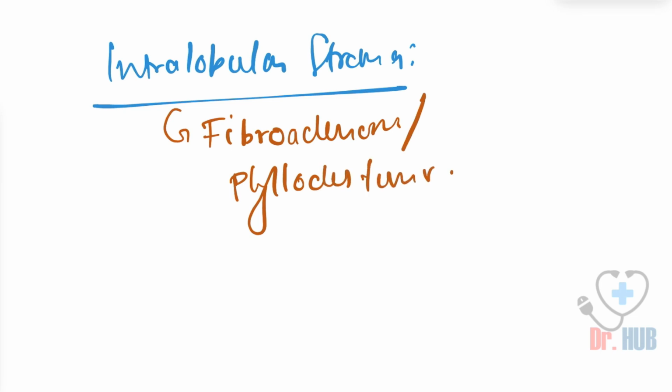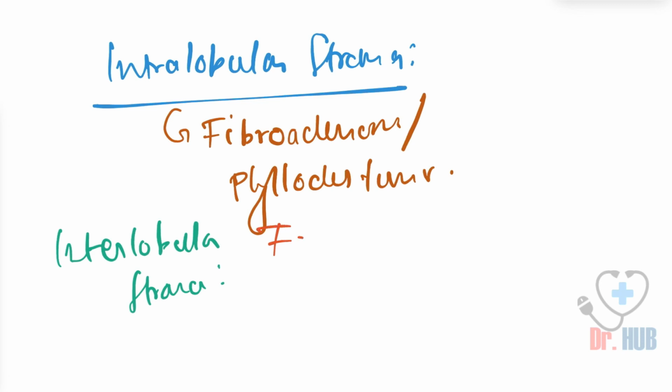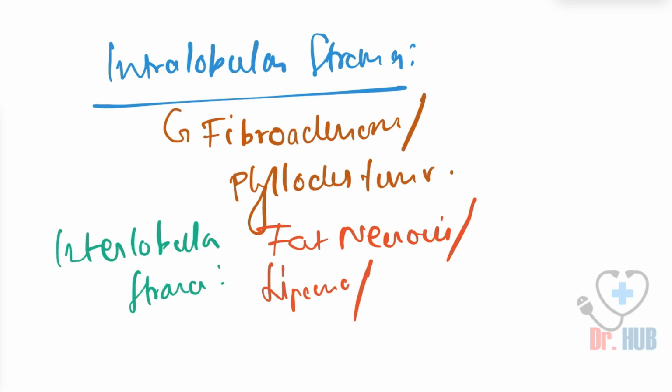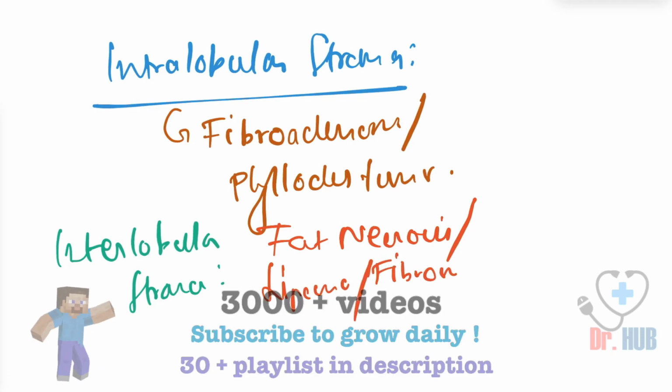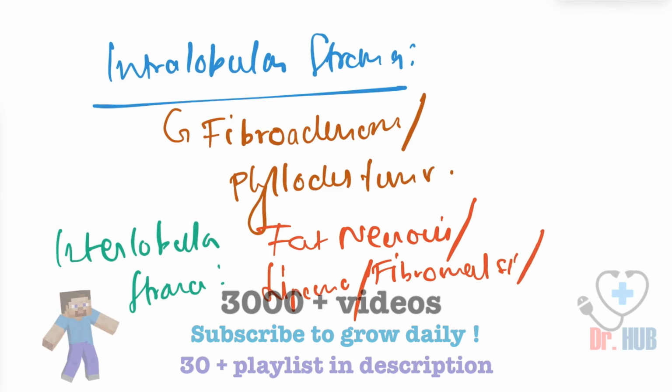Next we look at the interlobular stroma. What does this interlobular stroma include? It includes the fat. There is fat necrosis, there is lipoma, fibromatosis, as well as presence of the sarcoma.